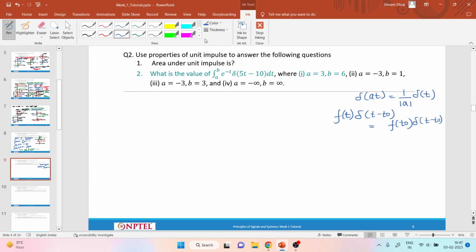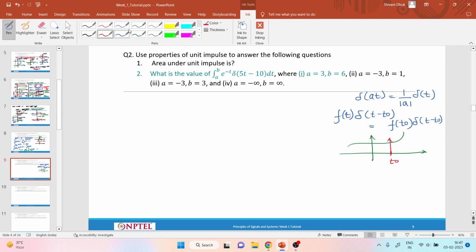From where is this second property coming? Suppose I am having some signal f of t which is going something like this, and I have an impulse which is located at t naught. I am having it here, and we are having multiplication of this.